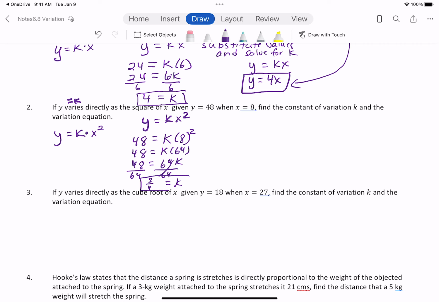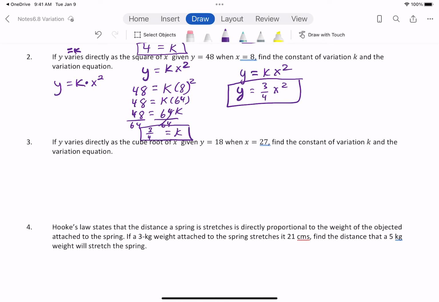So this is my constant of variation. So to give the variation equation, we just go back to our original again, and all we're going to do is substitute the value that we found for k.